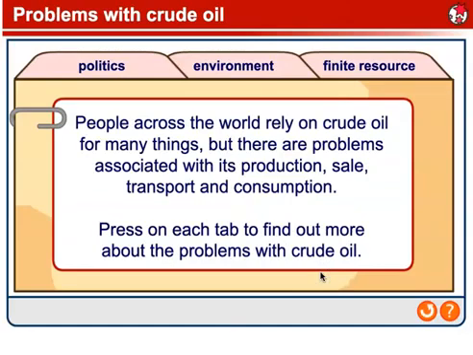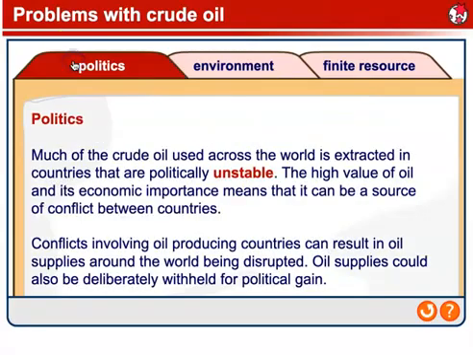Problems with crude oil. People across the world rely on crude oil for many things, but there are problems associated with its production, scale, transportation, and consumption. Politics. Much of the crude oil used across the world is extracted in countries that are politically unstable.